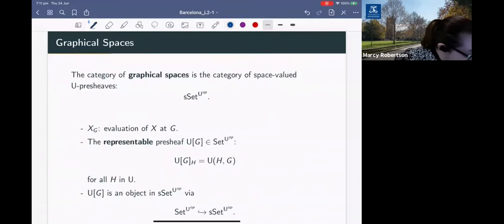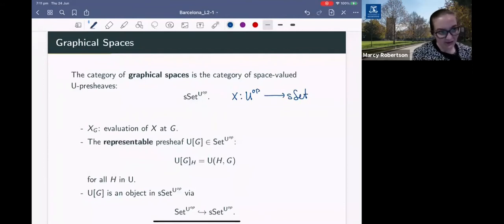So what is the category of graphical spaces? I'm just going to take this to be space valued pre-sheaves. So remember, what I mean by a pre-sheaf is a functor from U^op to simplicial sets. You've probably already noticed, but I massively abuse language and I always just call simplicial sets spaces. And throughout, there will be model structures later.